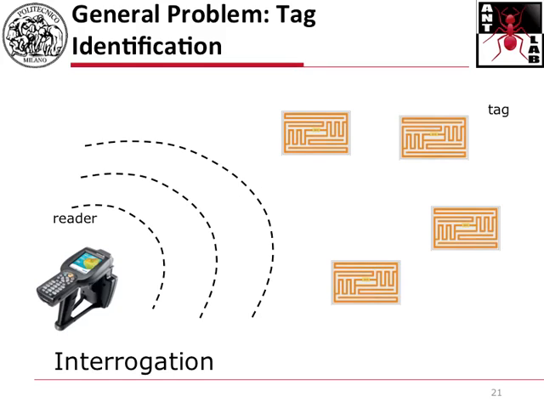So as I was saying, this identification task is composed of two phases. The first one is the interrogation, which is the most naive phase, where the reader, there on the left, just sends out some kind of interrogation message to the tags. This message has two purposes. The first is to provide energy to the tags, because this is all passive.